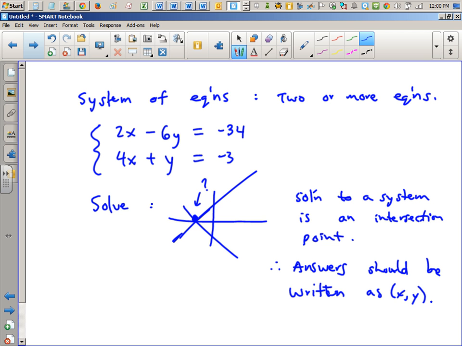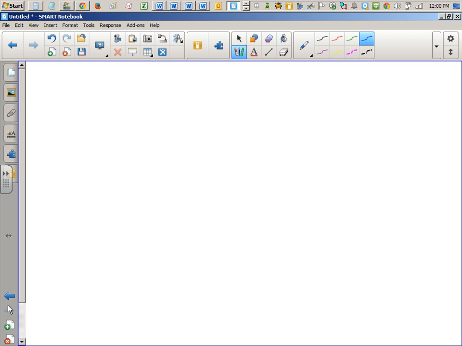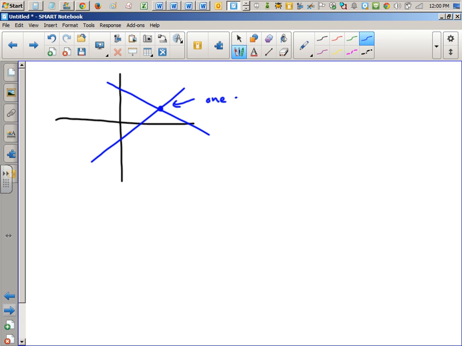So in our first drawing, we have two lines that actually do cross. Okay, so you have one solution. Or you can have two lines that are the same line.